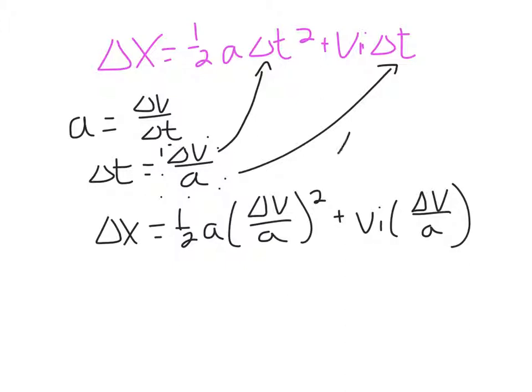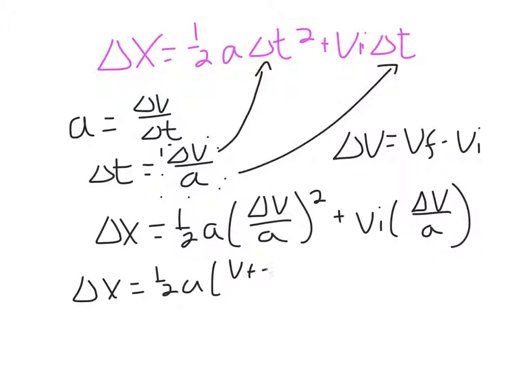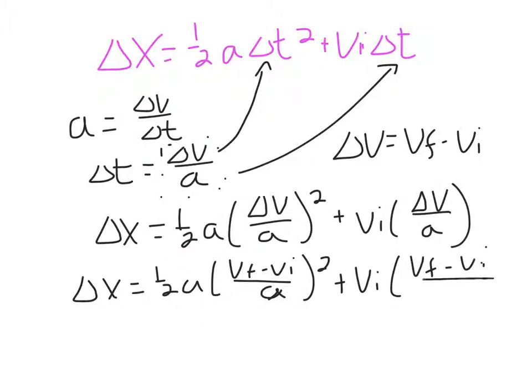So delta v equals v final minus v initial. Let's break that apart. Delta x equals 1/2 a ((v final minus v initial) over a) squared plus v initial times (v final minus v initial) over a.